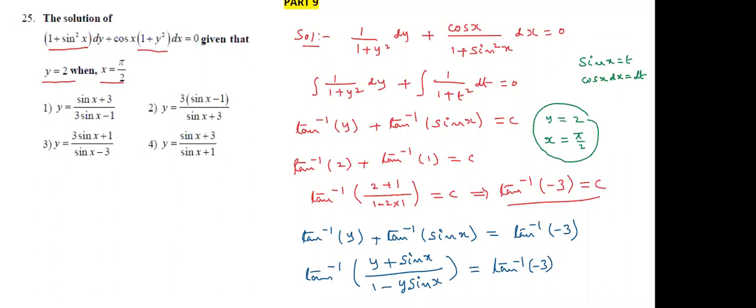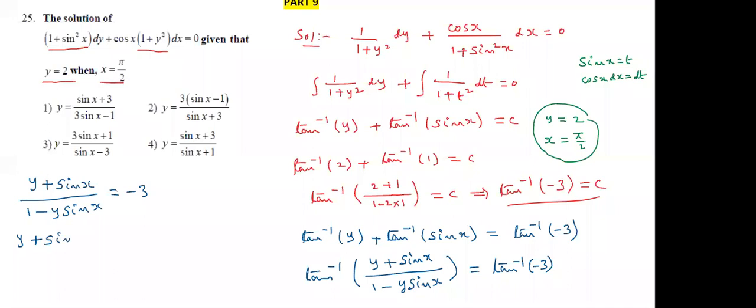So finally, what we get, students? Y plus sin x divided by 1 minus y sin x, that is equal to minus 3. By observing the options, see why we want to separate that. Now do the cross multiplication.